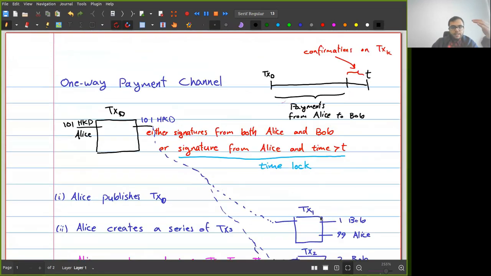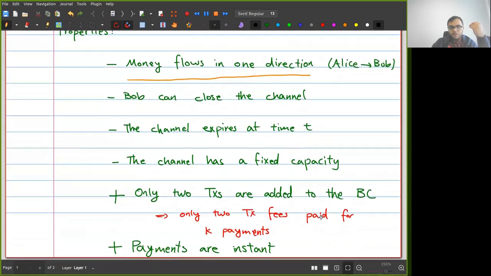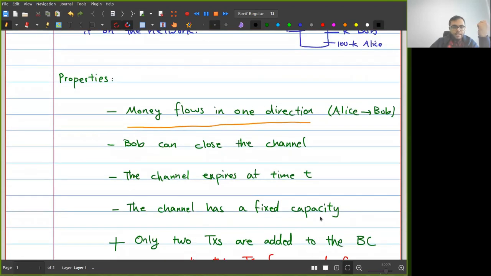So in my one-way payment channel, the amount of the payment can only increase. And this is, again, part of this concept that the money flows only in one direction. So Alice can only increase the total payments to Bob.